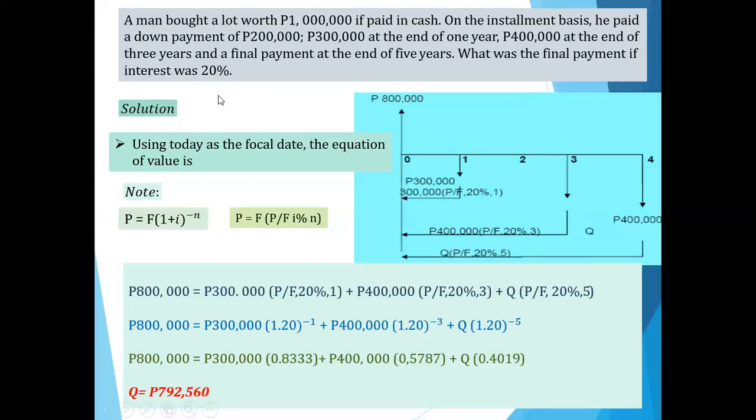But due to the interest of 20% per annum, our 300,000 and 400,000 are like nothing. Our final payment is almost equal to 800,000, so our payments for the first year and the third year are almost negligible, because of the 20% interest per annum. So our final payment after 5 years is 792,560 pesos.